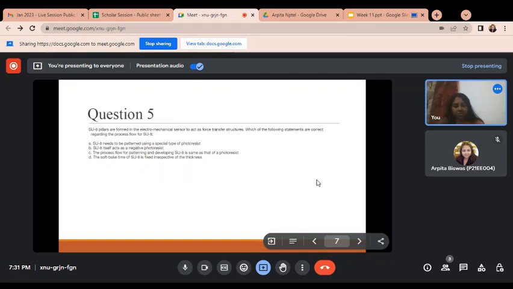So the right option is option B. SU-8 itself acts as a negative photoresist.